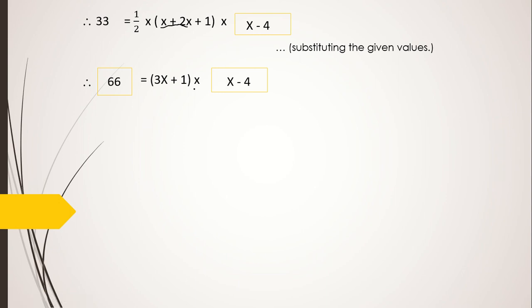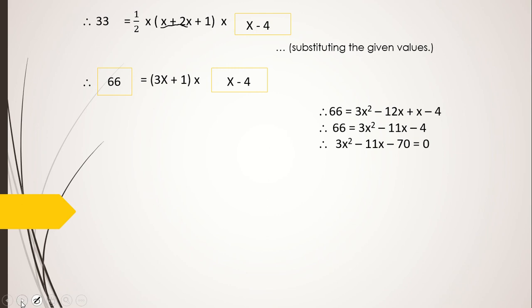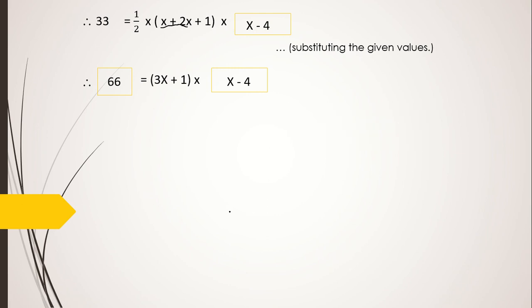Okay. So now multiply these two. 3x plus 1 into x minus 4. Multiply these two brackets. So when we multiply these two brackets, what do we get? See, I have done this at the side. This is actually 66 is equal to 3x plus 1 and in the other bracket x minus 4.